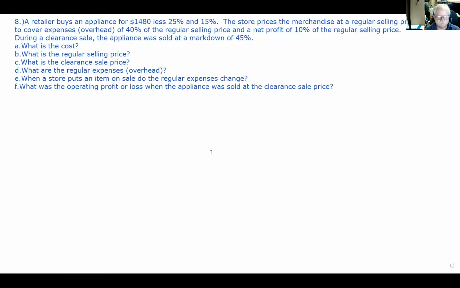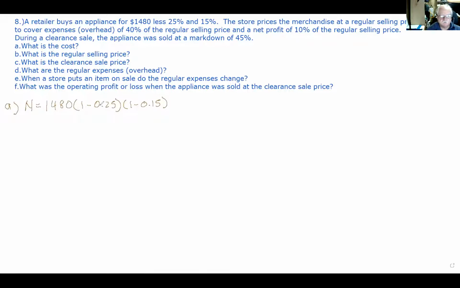So what have they done to us here? A retailer buys an appliance for 1,480 less 25% and 15%. So we can work with that to do part A, because they've given us the cost, but we have to do a little bit of work to get there. So A, N equals 1,480, 1 minus 0.25, and 1 minus 0.15.